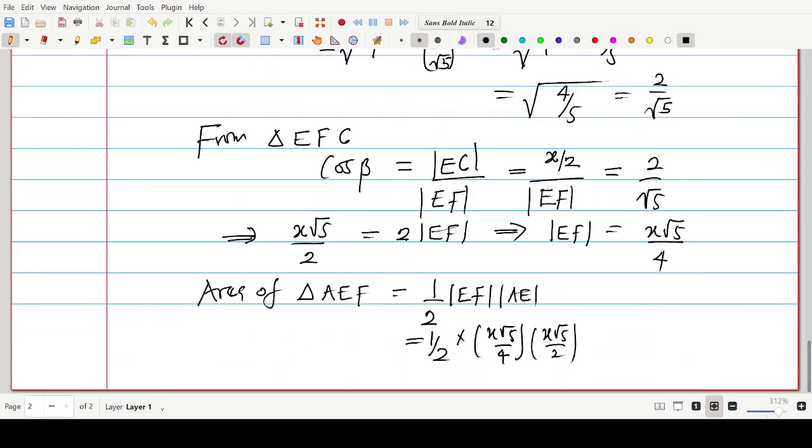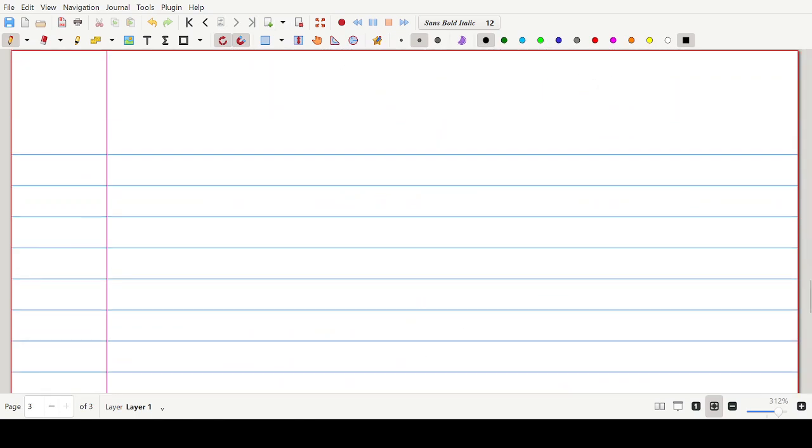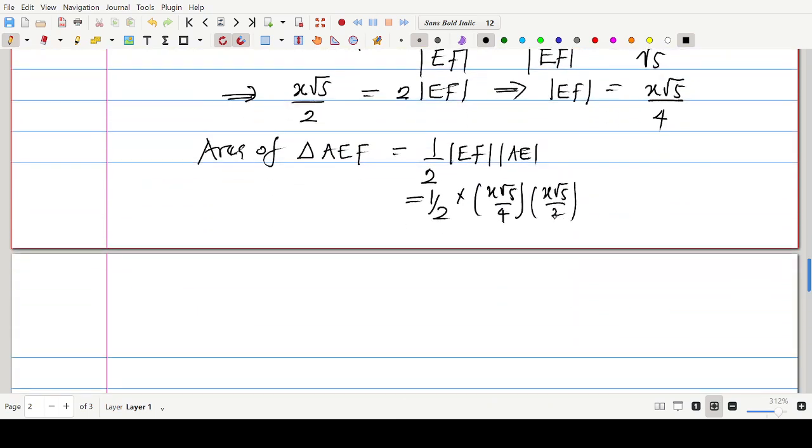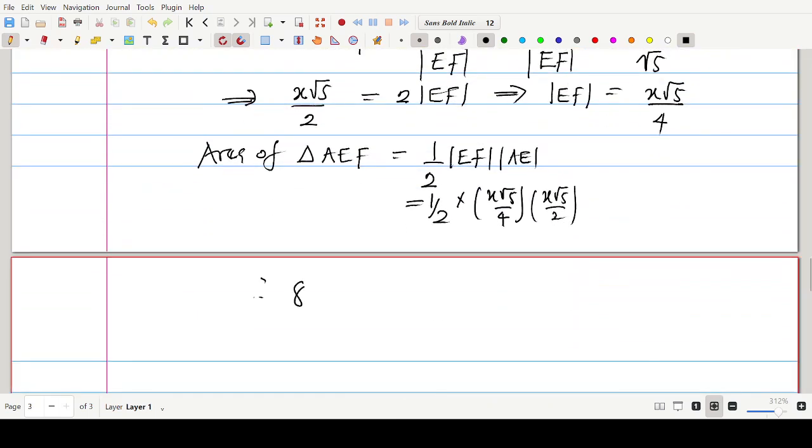So in that case, I can come here and equate. I can now say, therefore, 80 is equal to, now this will give me x squared times 5 over 16. When you multiply the denominators, you get 16, and when you multiply the numerators, you get 5x squared.